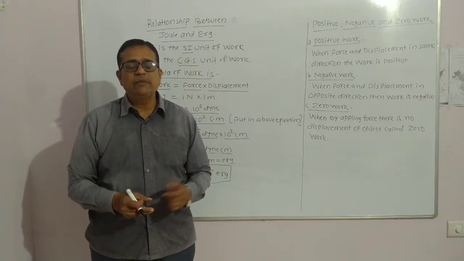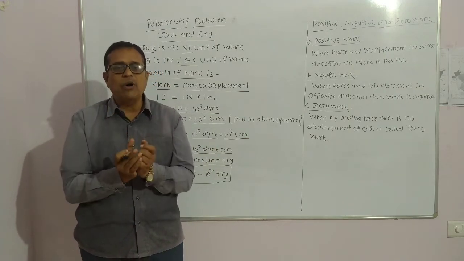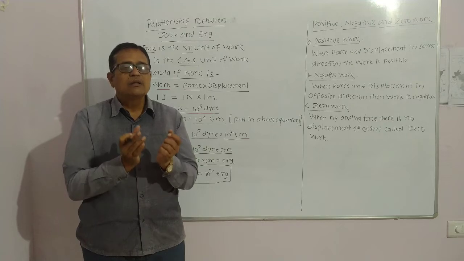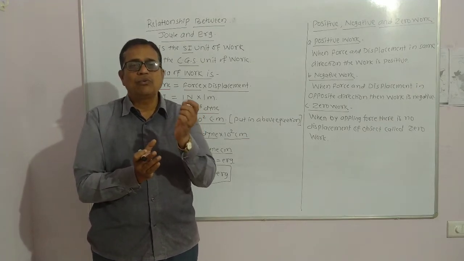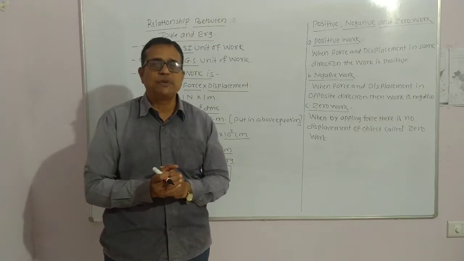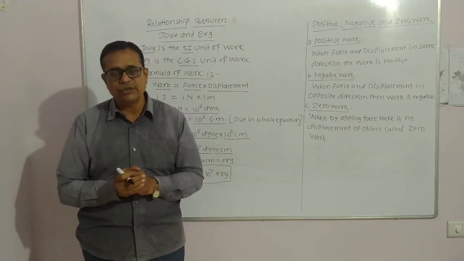Then next, if the batsman hits the ball and the player catches the ball, here the force is applied by the player opposite to the direction of displacement. Means the force and displacement have opposite directions.